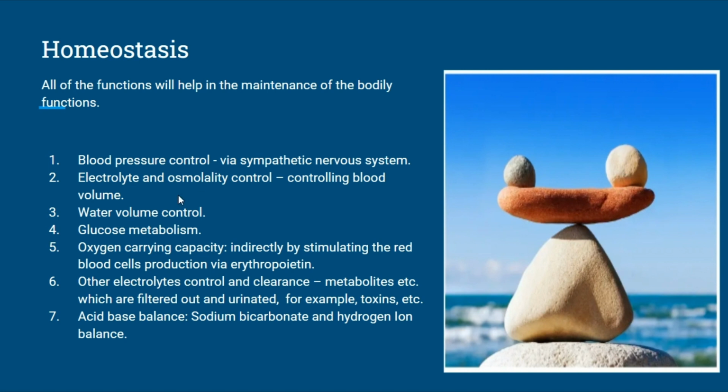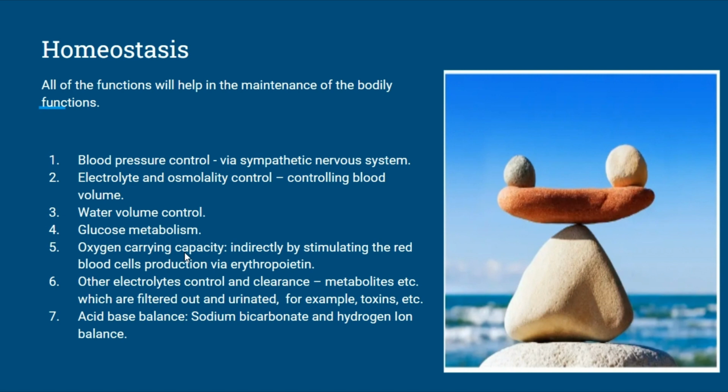The second one is the electrolyte and osmolality control. So it is going to control the blood volume. Then we have the water volume control. We have the glucose metabolism, which is important here, especially in gluconeogenesis, which you're going to learn in the biochemistry slides later. Then we have the oxygen carrying capacity. You can ask, how does that work? So it is going to indirectly affect that by stimulating red blood cell production through erythropoietin.